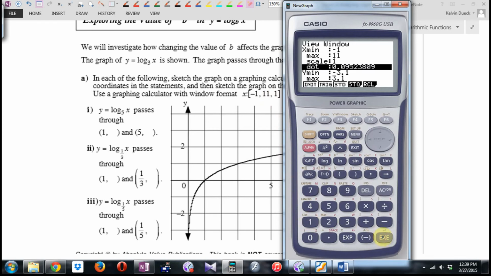Ignore the dot thing. That is a resolution. Whatever it says is good. Go down. What do they want the Y min to be? It's in front of you on your calculator. What is it in your textbook? -4. Then +4. And then 1.